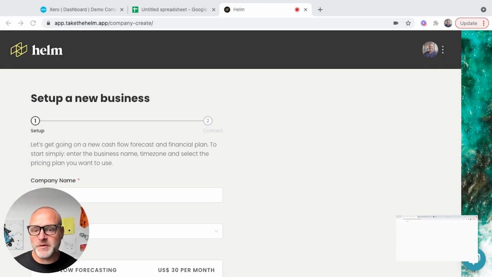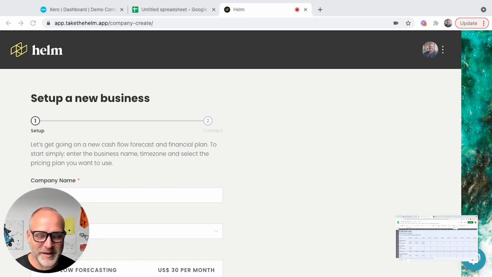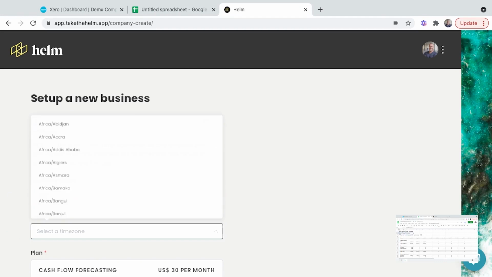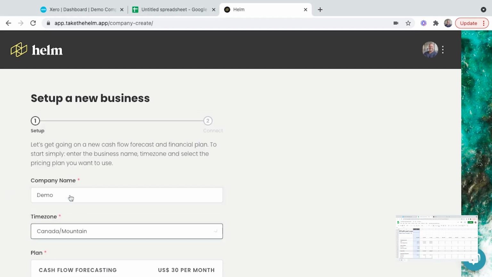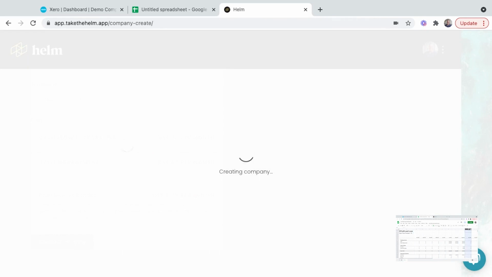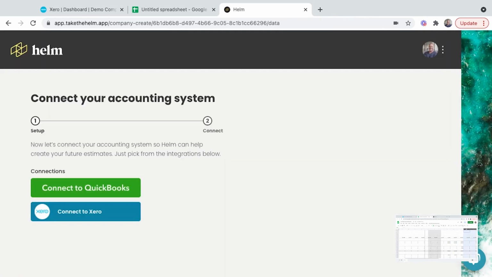Okay, so now we're going to start walking through setting up a cash flow forecast in Helm. And we'll show how quick and easy this is relative to the spreadsheet forecast, which is ongoing right now. So right now we're going to connect our ledger system to Helm.